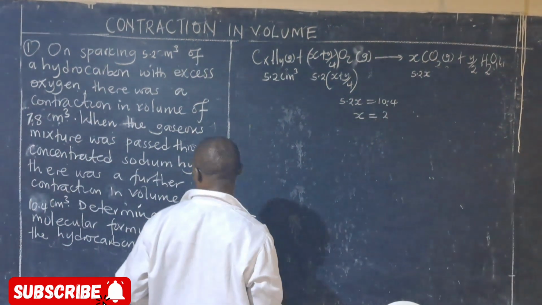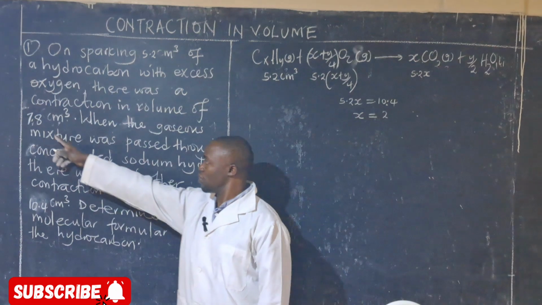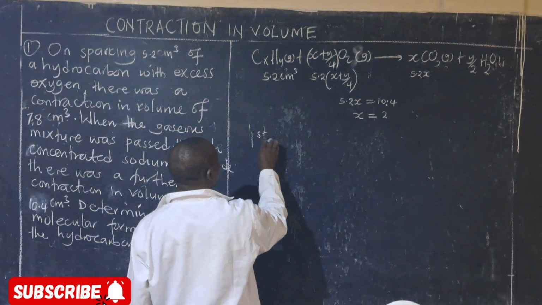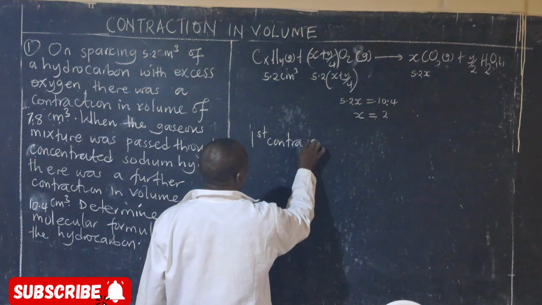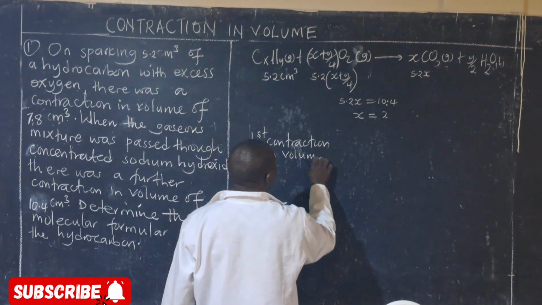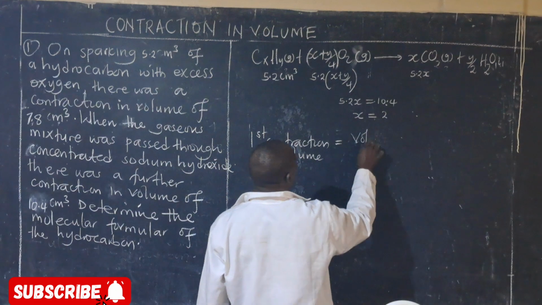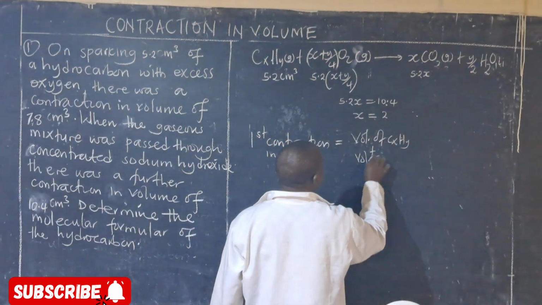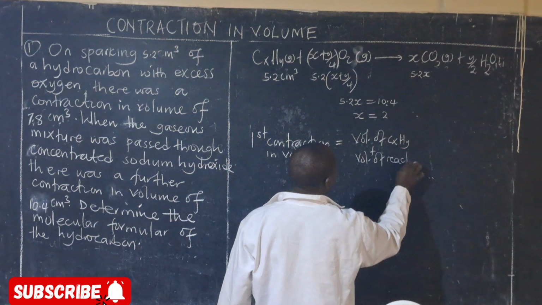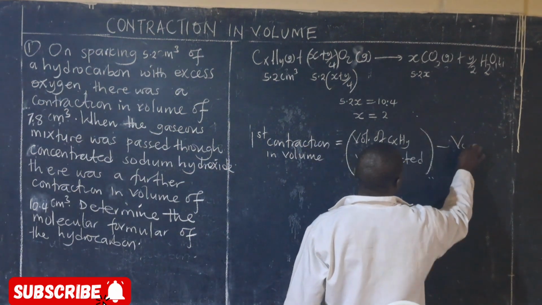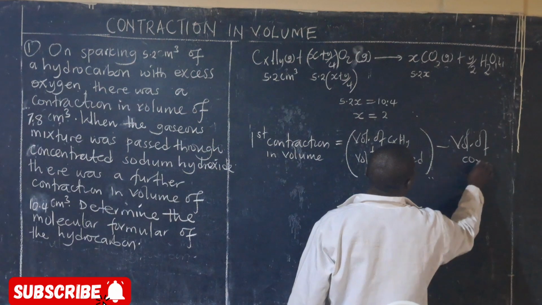Now let's interpret this contraction, which is 7.8. The first contraction in volume is the volume of the hydrocarbon plus the volume of reacted oxygen, minus the volume of carbon dioxide.